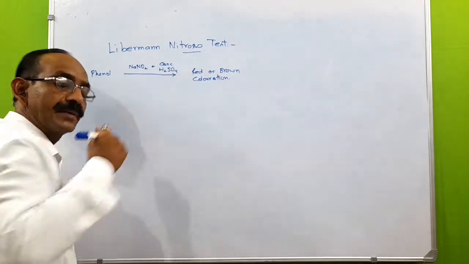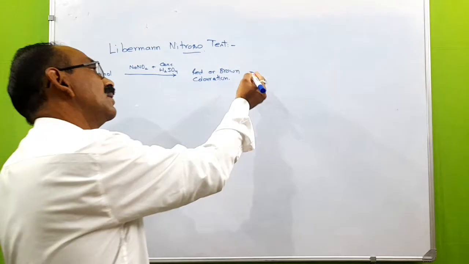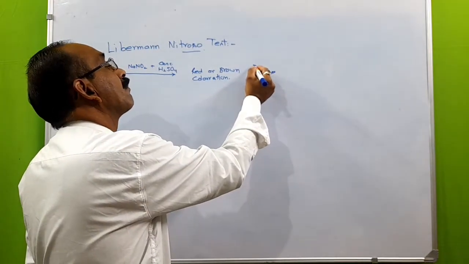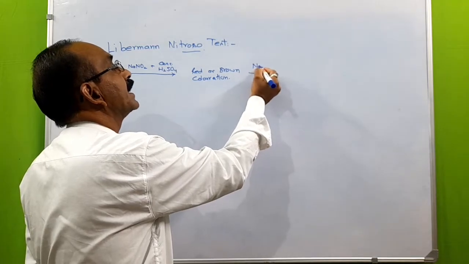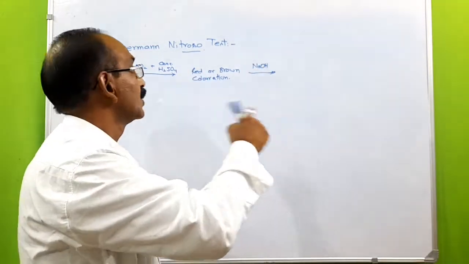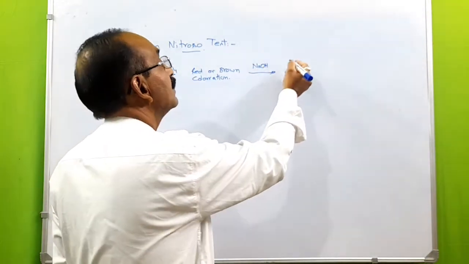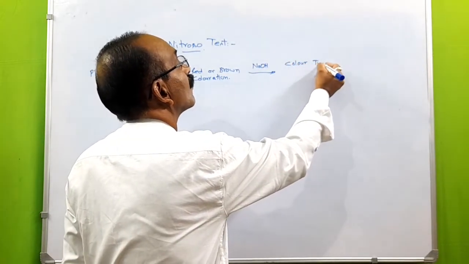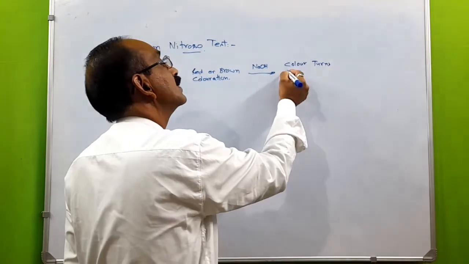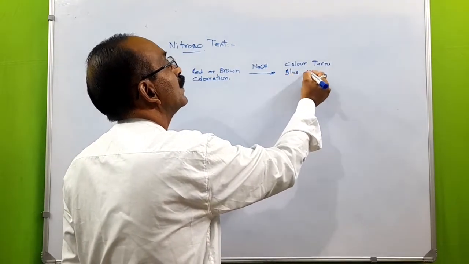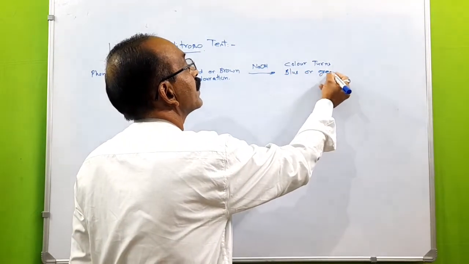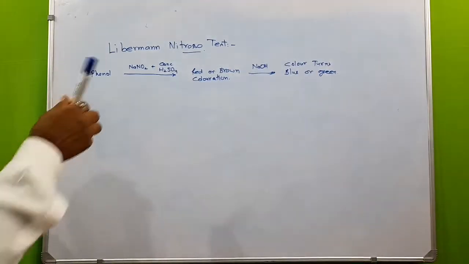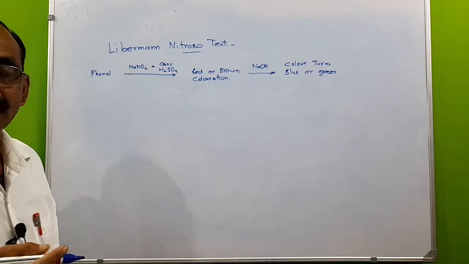And if we add some alkali like NaOH, this red coloration turns blue or green. So this confirms that the compound given to us is phenol.